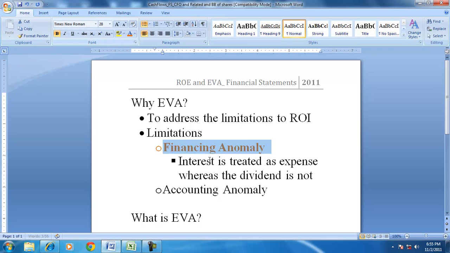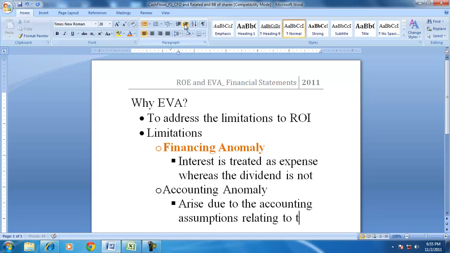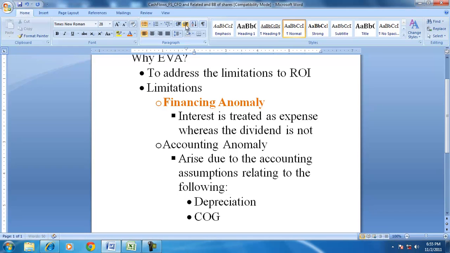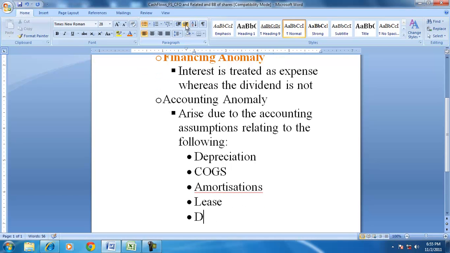The accounting anomalies arise due to the accounting assumptions which the GAAP provides relating to the following. Most of the common accounting assumptions which may become accounting anomalies are depreciation, cost of goods sold, amortisations, lease, deferred tax.